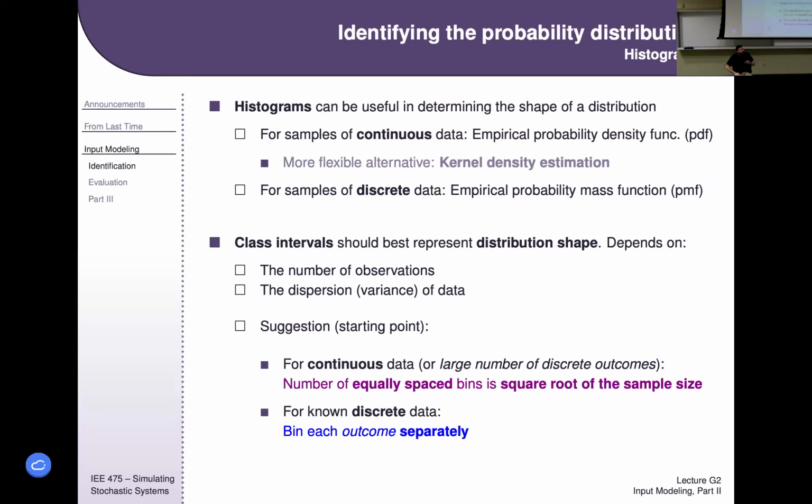But if it's discrete data, you bin every output separately. You don't want to group things together in some sort of a super class that has multiple outcomes, because you really do want to represent every single outcome. So that's a key difference between these two.